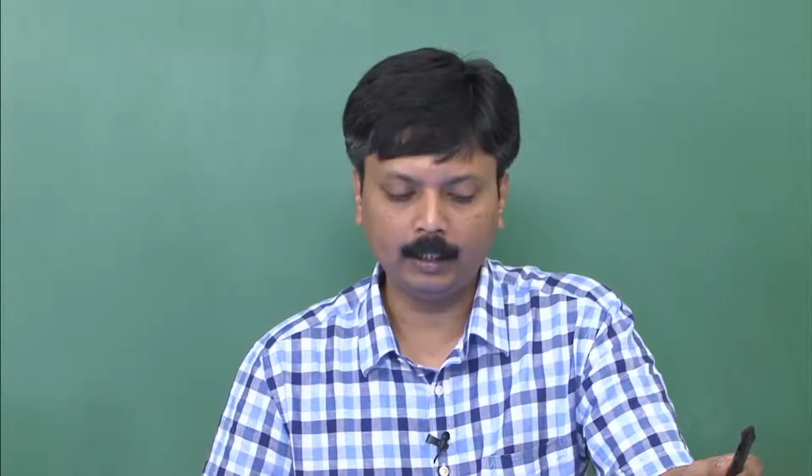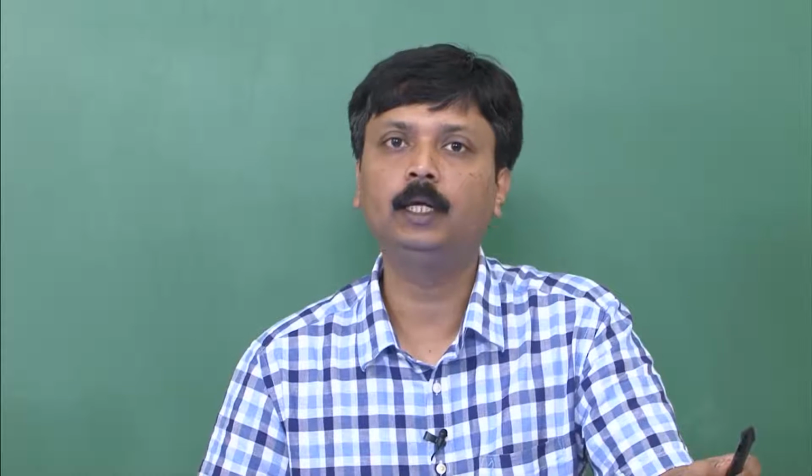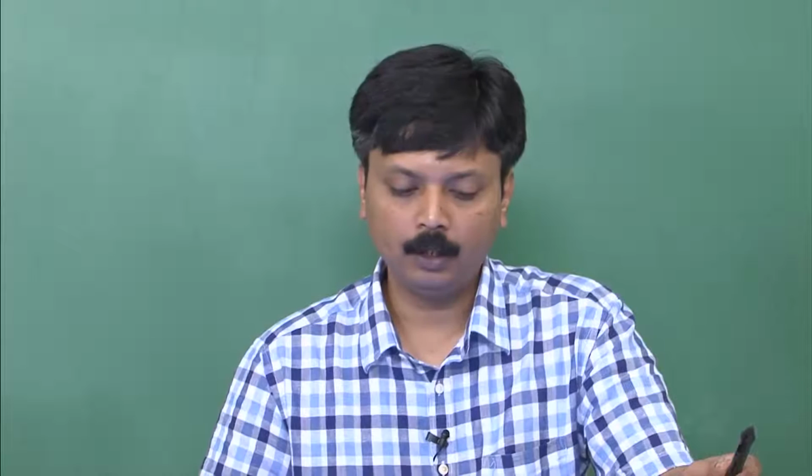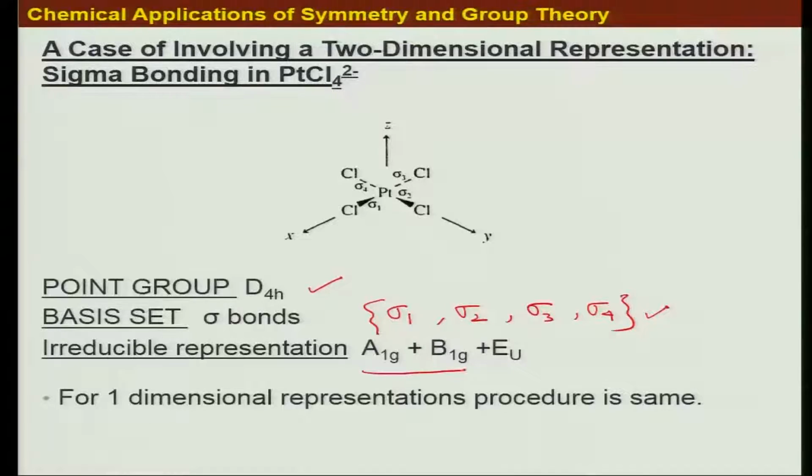Using the formula that we use to reduce a reducible representation into the irreducible ones, you get the irreducible representations. If you do that, you will find that the reducible representation you form out of this basis set will give you A1g, B1g and Eu as the irreducible representations.